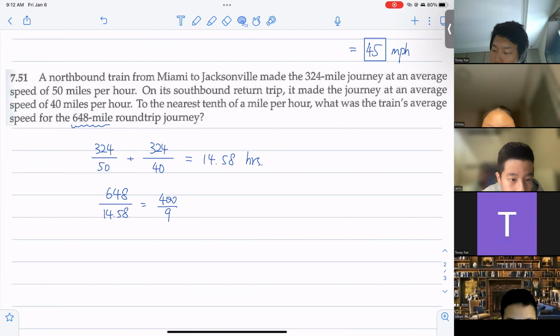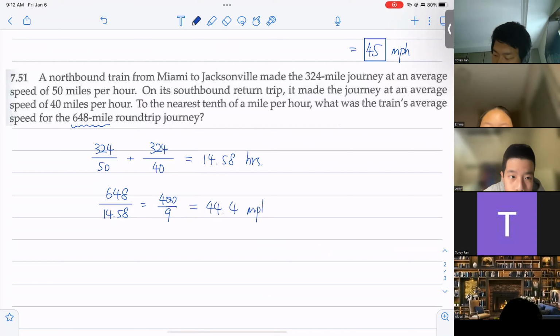In the question, it does say to the nearest tenth of a mile per hour, so 400/9 is 44.44444. We just say roughly 44.4 miles per hour. For roughly, we use a squiggly equal sign, right?